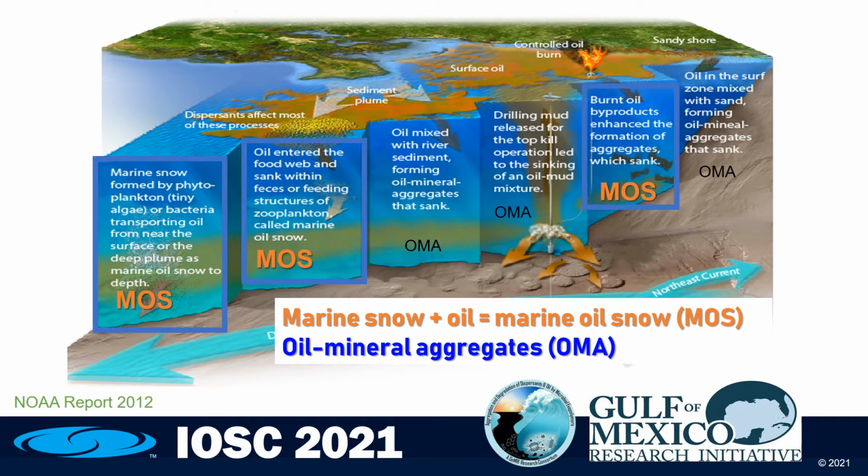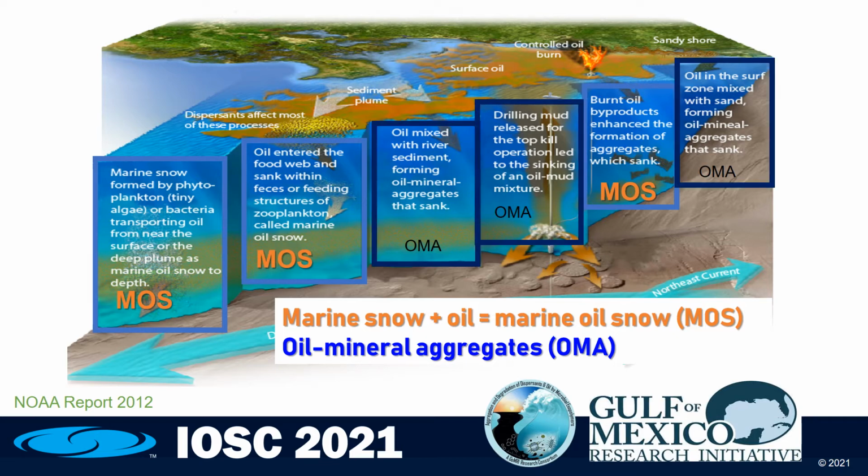The one on the bottom left-hand corner is the classic mechanism in which phytoplankton and bacteria transport oil to deep sea plumes. However, there are other mechanisms that can be involved, specifically when dispersant is applied and/or when burnt oil products are involved in the formation of aggregates.